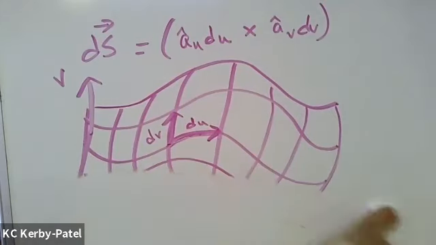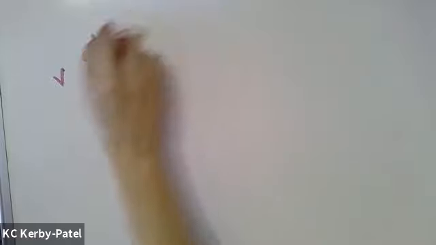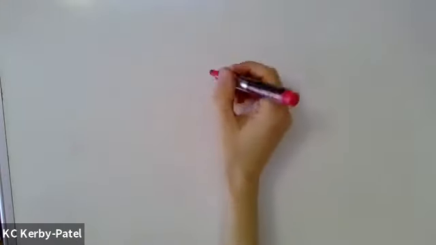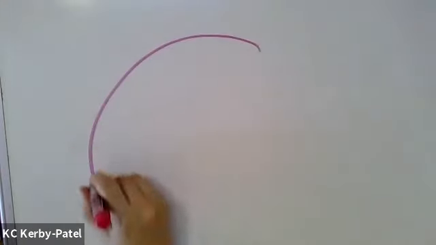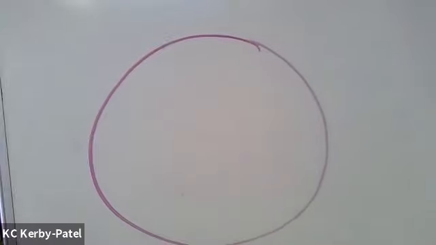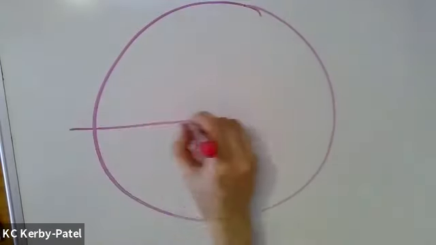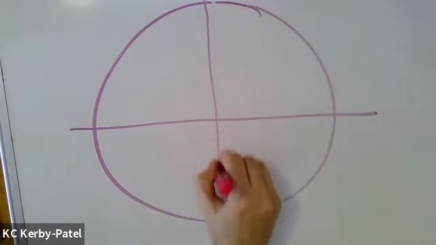Consider a circle. Let's say we have a circle here. I'm going to say we are in cylindrical coordinates. So I'm still drawing my Cartesian coordinate axes.